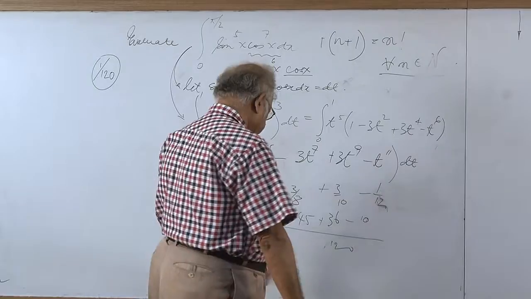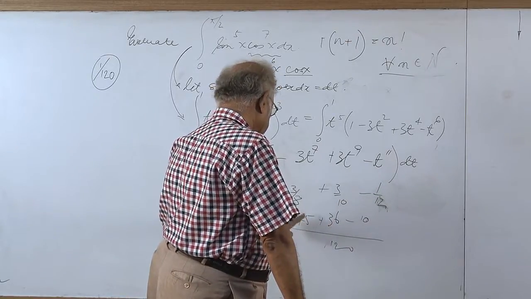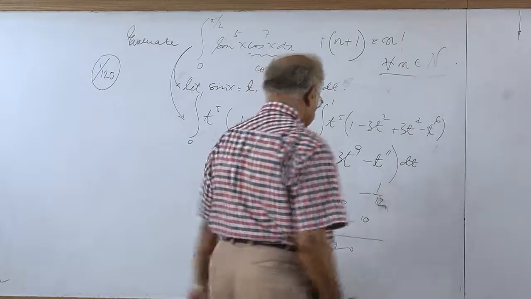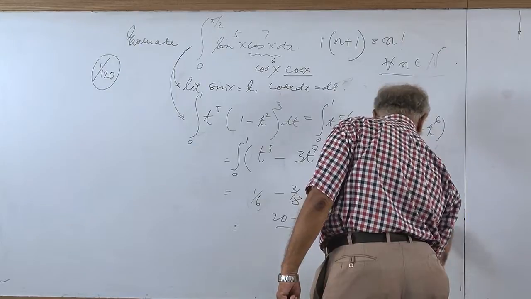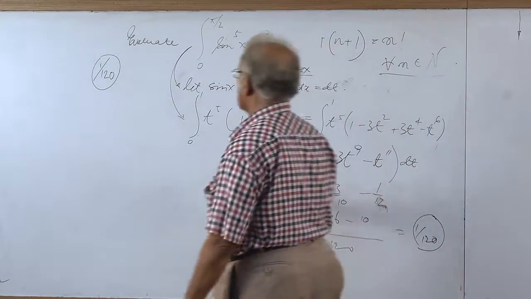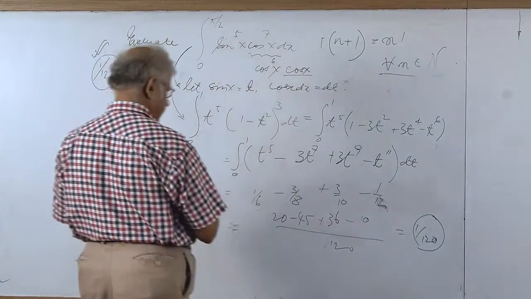So we have 36 plus 20 is 56 minus 55, and that is 1 by 120. So we are squarely home with whatever result we got earlier.